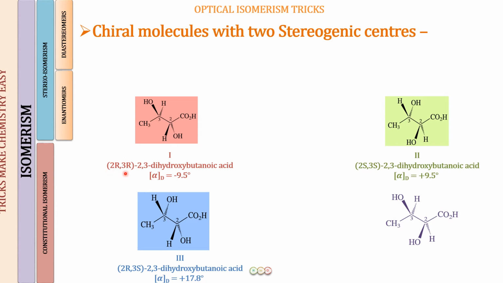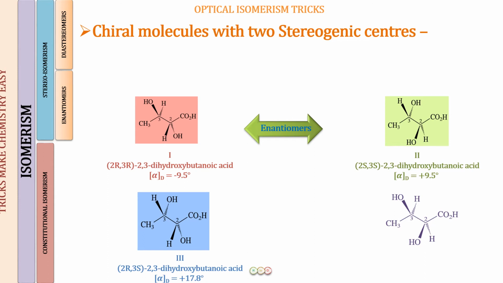Here at C3, we have an R configuration and this is an S configuration. So at both the chirality centers, the configuration is different. And when that is different, we call these enantiomers. Easy enough. If you just know how to write down quickly the RS configuration, nothing is going to be difficult for you.